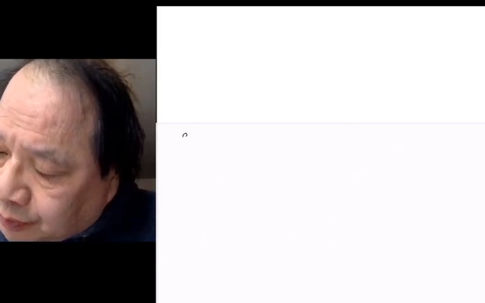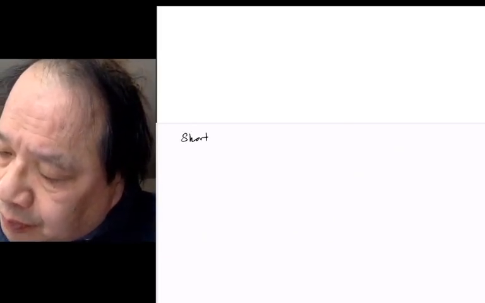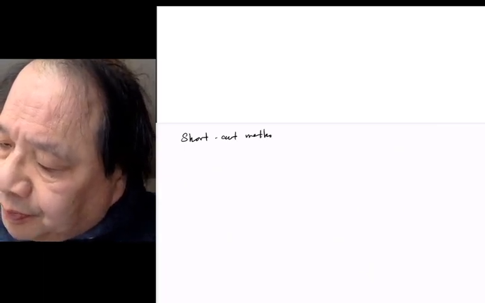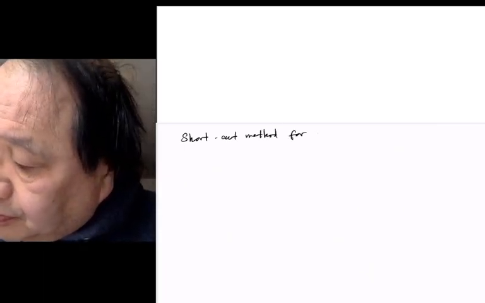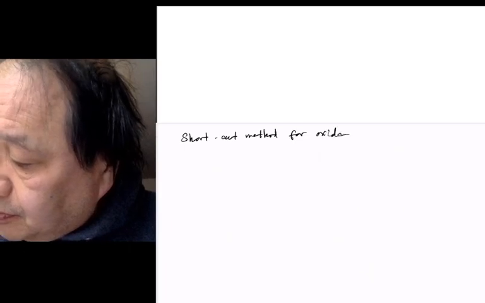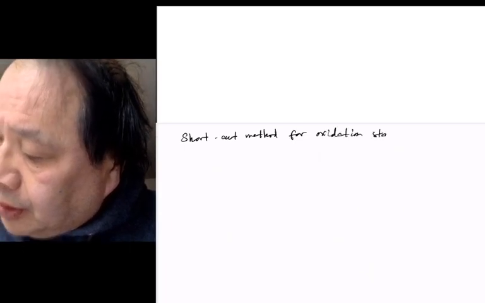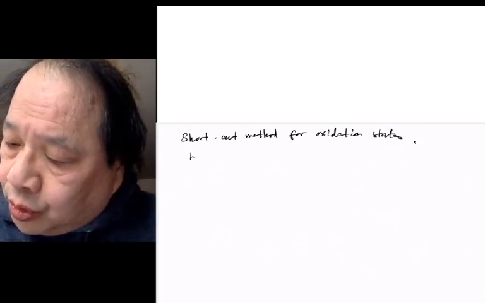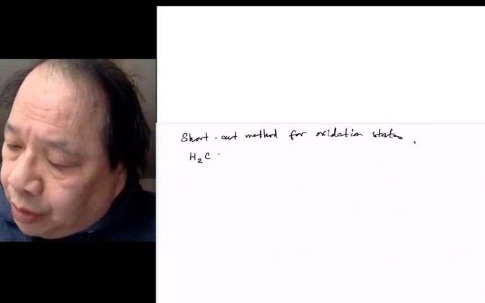In the last clip, you learned about the shortcut method of oxidation states. In the molecule, for example, let's do the molecule H2CO.